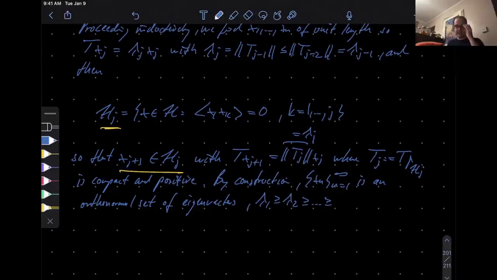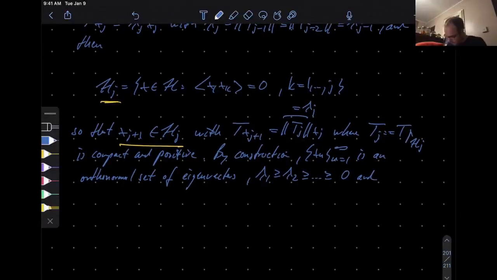I'm not making any statement about multiplicities, as you know that from linear algebra. Some of these lambda j's could be equal to one another. And lambda j plus 1 is equal to the norm of T_j, which is the operator norm of the restriction of T to H_j.